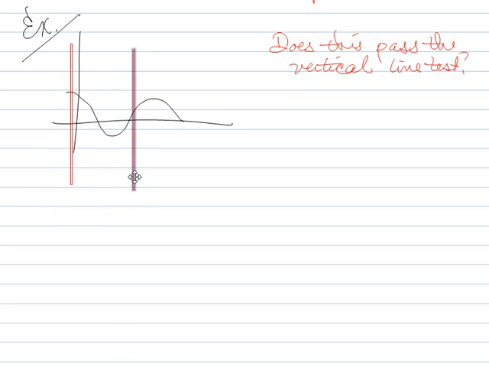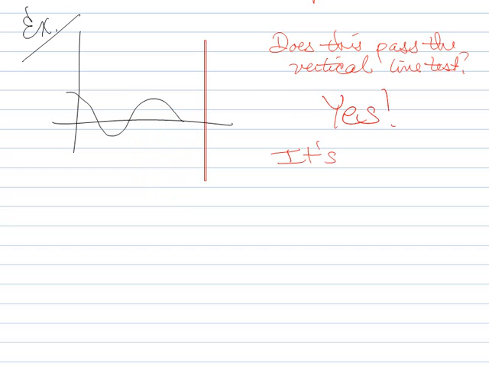If I run it over here, anywhere that I run it, you can see that it's only going to hit it exactly once. As I follow the graph, the vertical line only hits the graph in exactly one place. So, does it pass the vertical line test? Yes, it's a function.